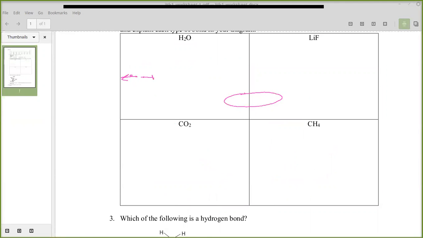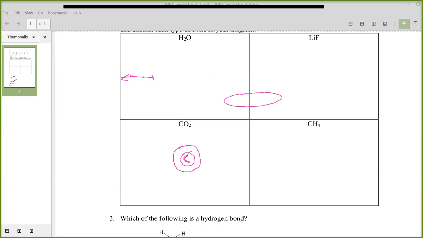Okay, you got your CO2. What should I start off with? Start me off from the very beginning. Carbon, right? And then what do I draw around this carbon? 1 shell, 2 shells, 2 shells. 2 shells.